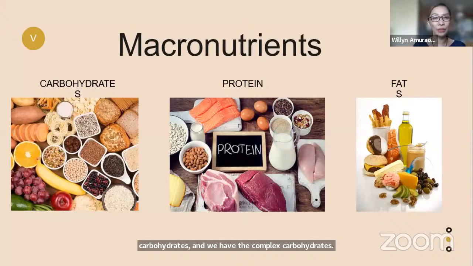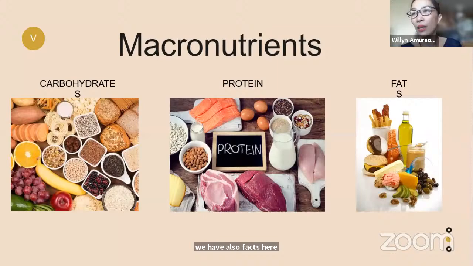We also have here the protein. The protein works to repair muscles, grow muscles, and regenerate tissues. So if you have an operation, protein is a good source for the repair of the wound, together with vitamin C. We have also fats here.